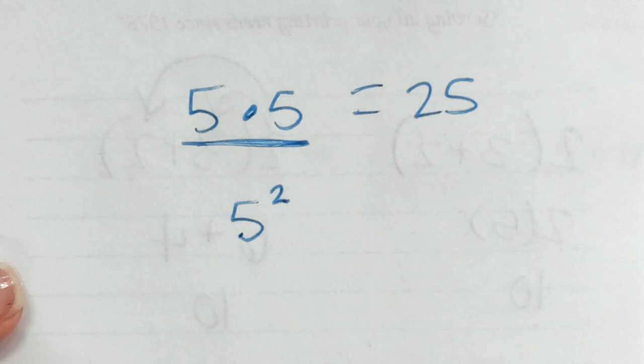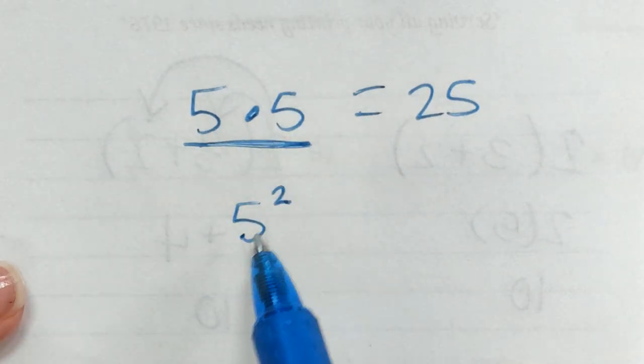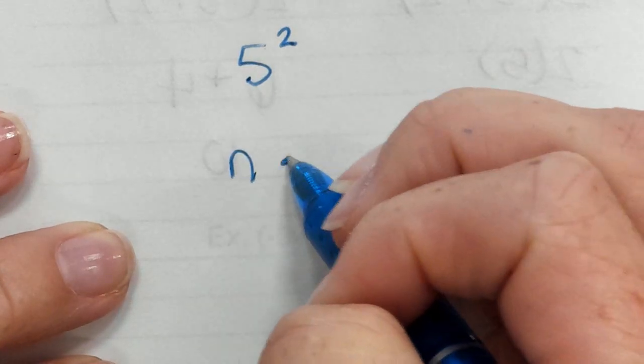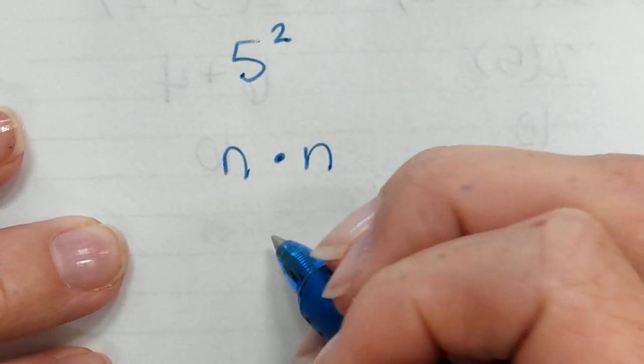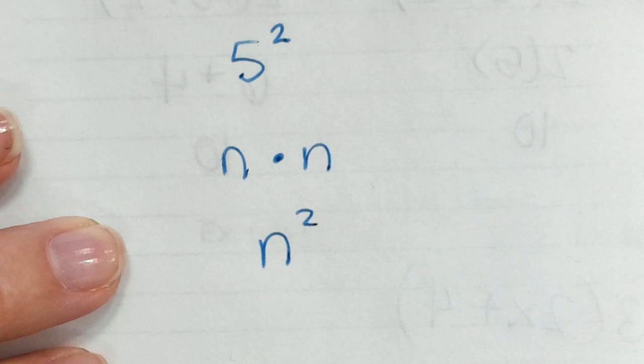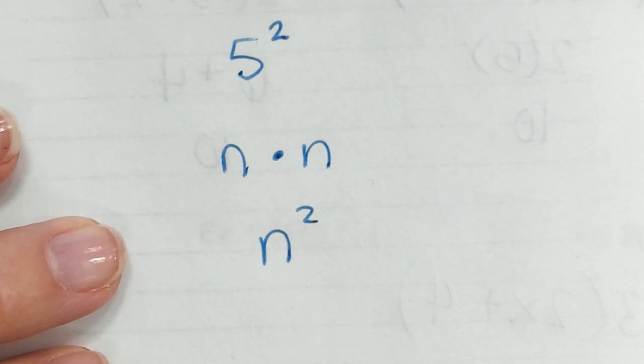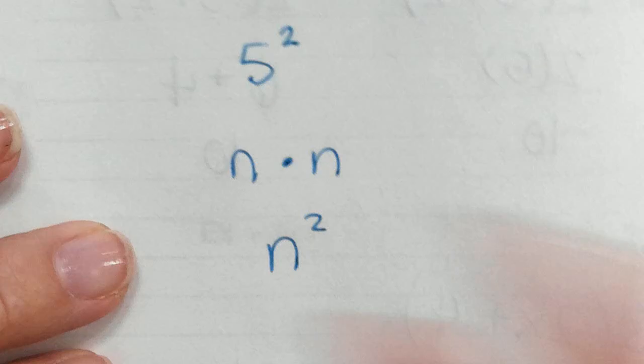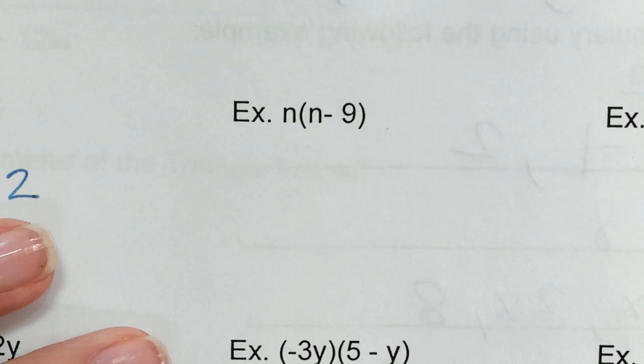Yes or no? Is this the same thing as 5 squared? So how would I write n times n? N squared. Yes? How would I write n times n times n? N to the 3rd power. Yes? Okay, so let's go back to this problem.